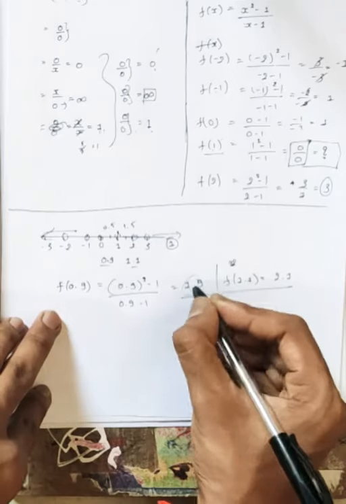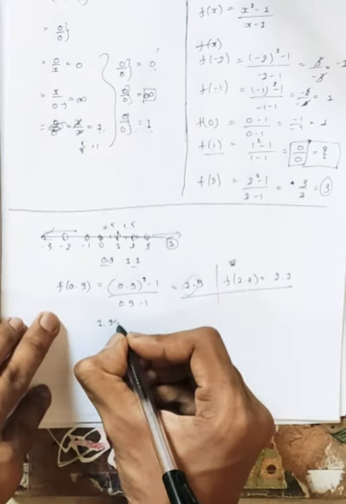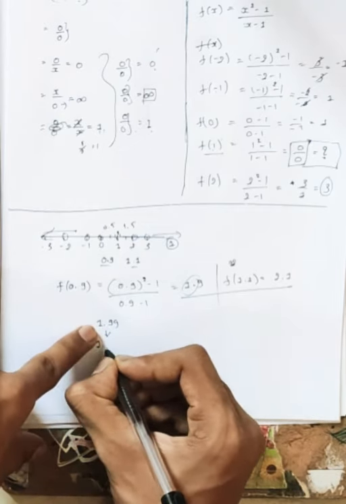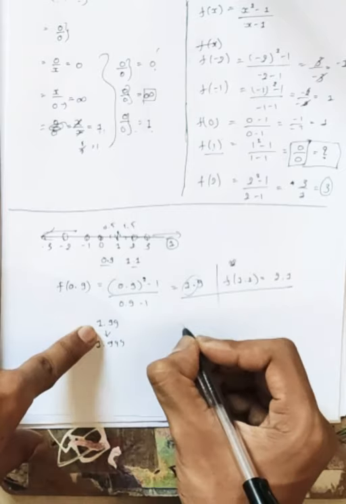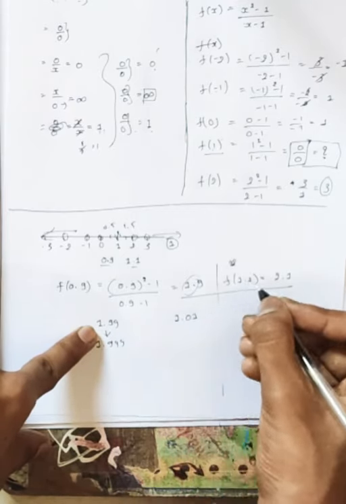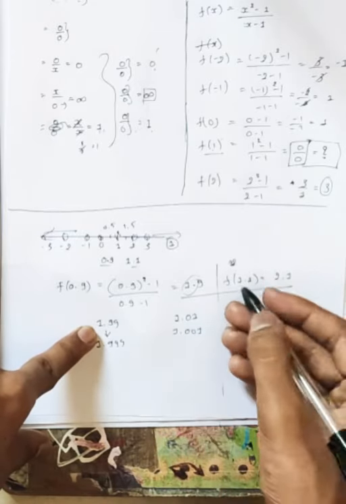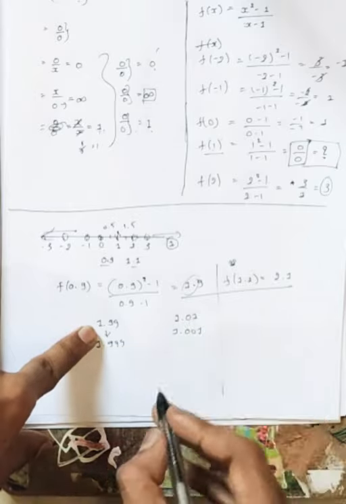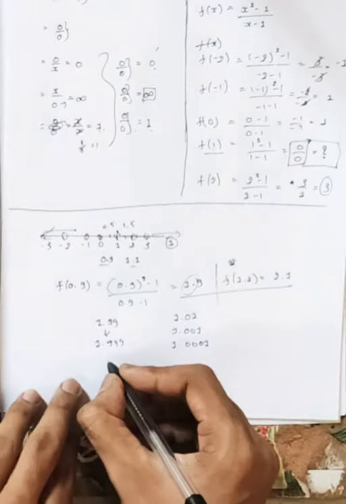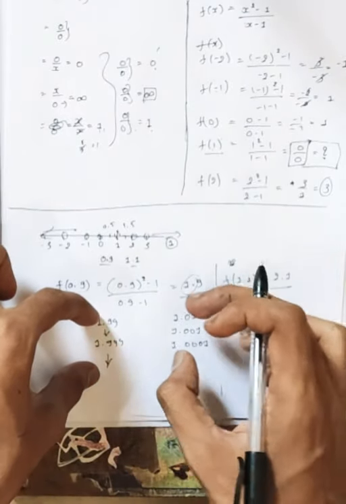What is a more close value to 1 than 0.9? Of course 0.99, right? Similarly, a more near value to 1 is 0.999. From the right side 1.01 is nearer than this, and 1.001 is even nearer than this. Okay, likewise.